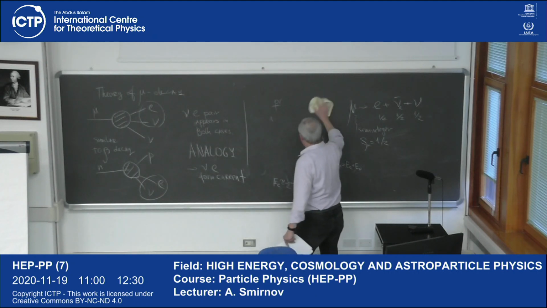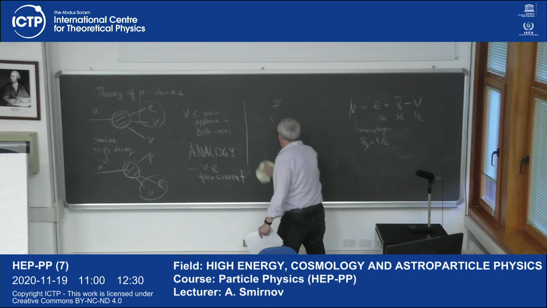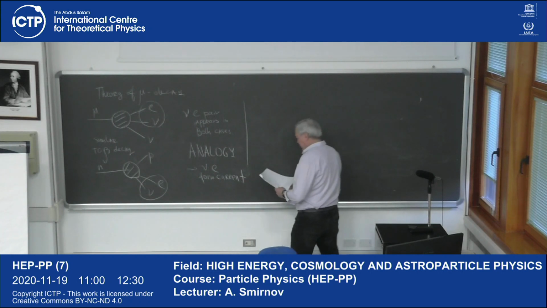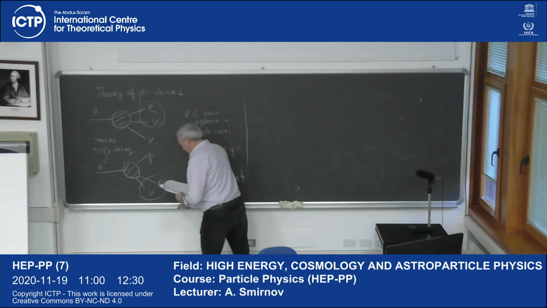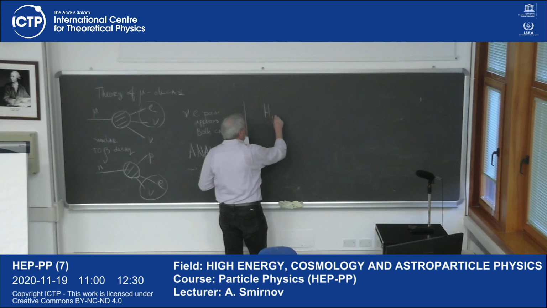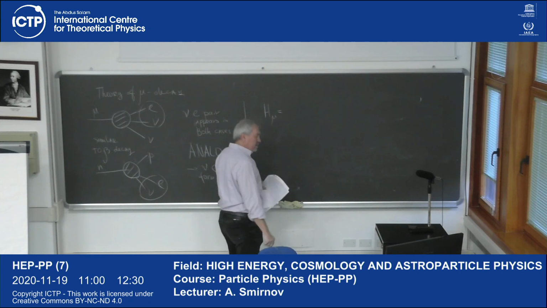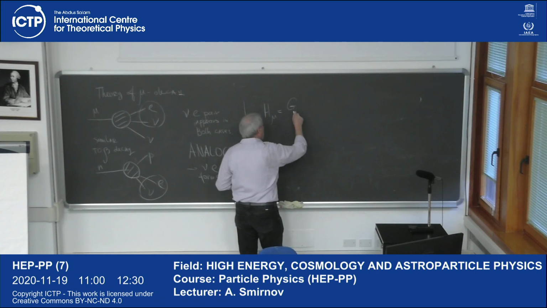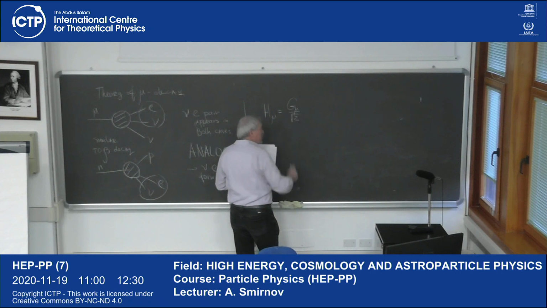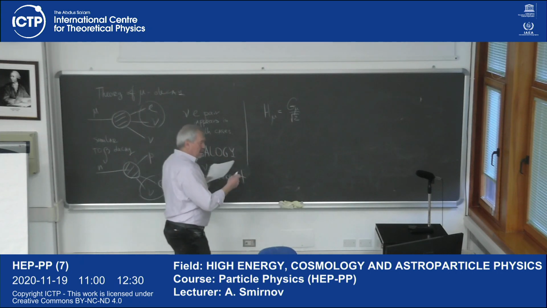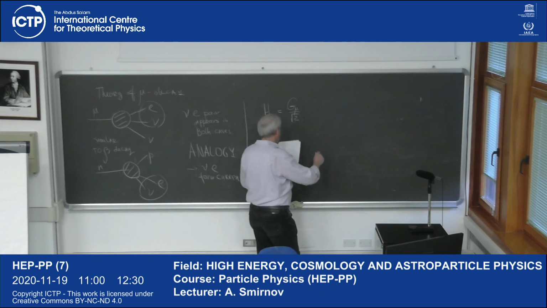And so we can write the Hamiltonian responsible for muon decay, in analogy with what we had in beta decay, immediately. It should be some four-fermion coupling, which I put here as G_mu. It is not necessary that it coincides with the Fermi coupling constant.